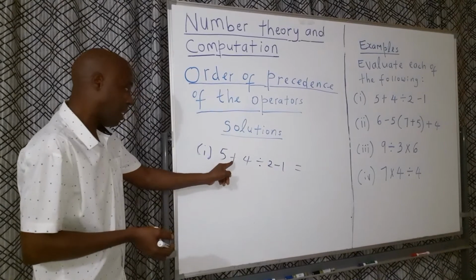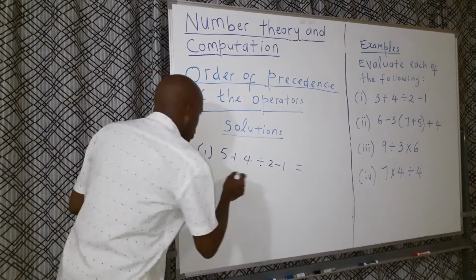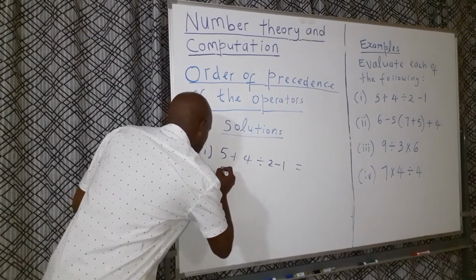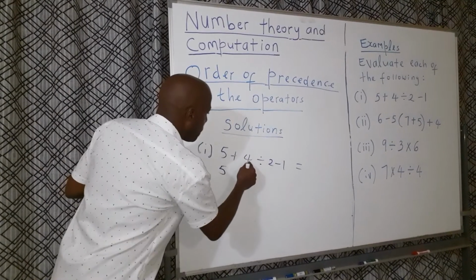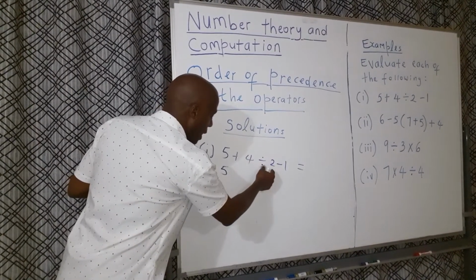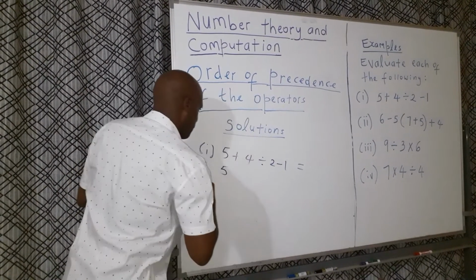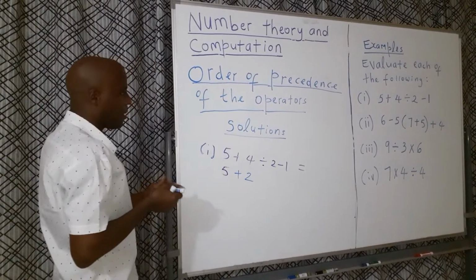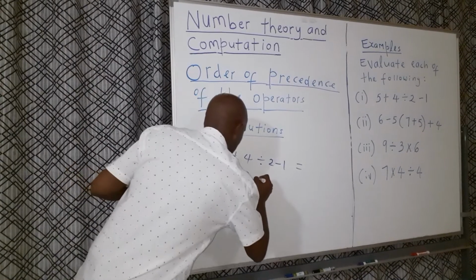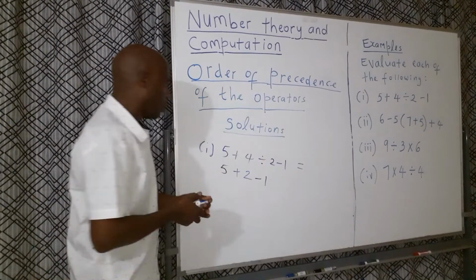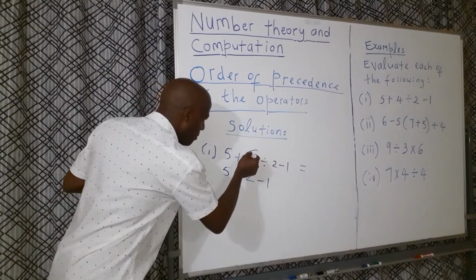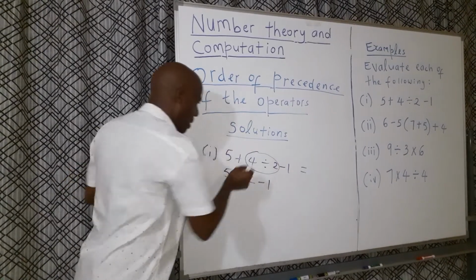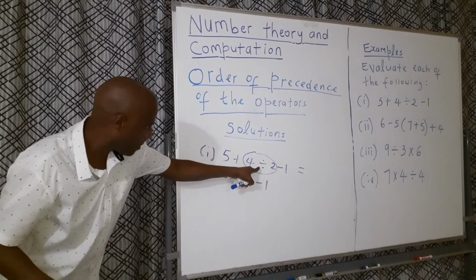So even though we have addition coming first, this should be written as 5, and we divide 4 by 2 and get 2, and wrap with the plus sign, and then the minus sign goes after.